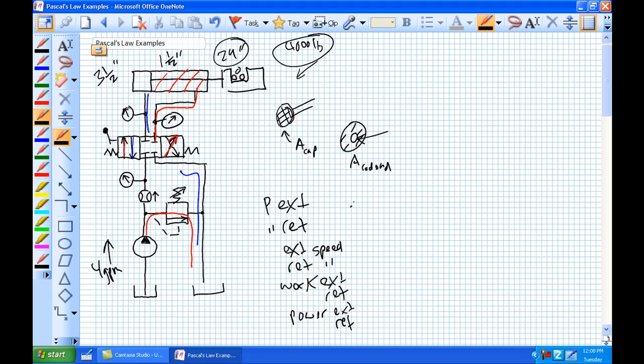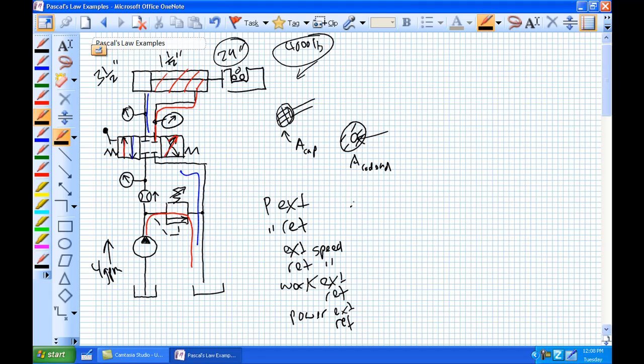This is the whole kitchen sink problem here. And we're going to have some discussion about pressure while we do this. I think that's it for now. Let's start with pressure at extension.